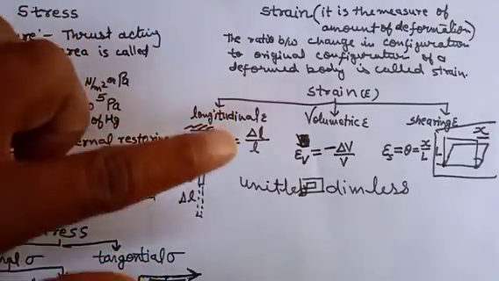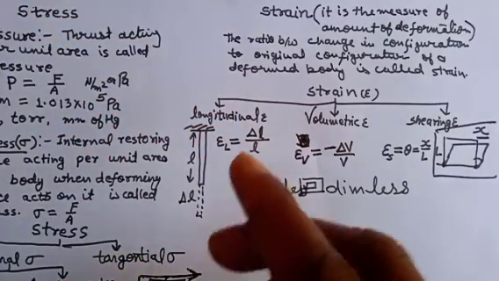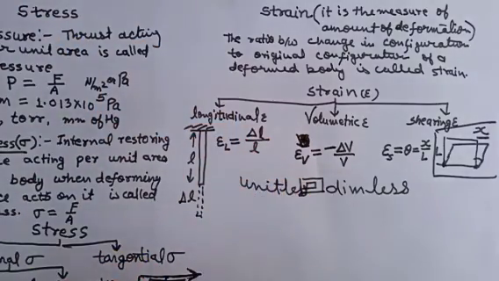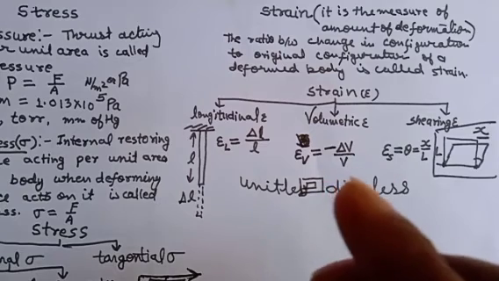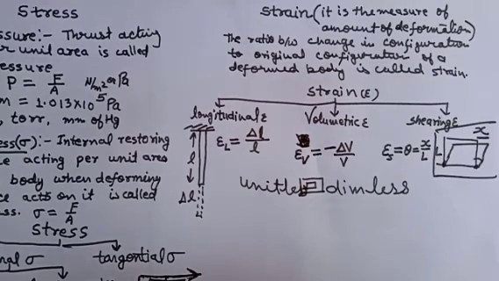So the ratio between change in length and original length is called longitudinal strain. The ratio between change in volume and original volume is volumetric strain. And shearing strain is the ratio between the linear shift of one face over the other and the separation between the two faces.